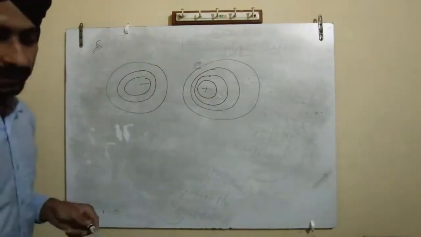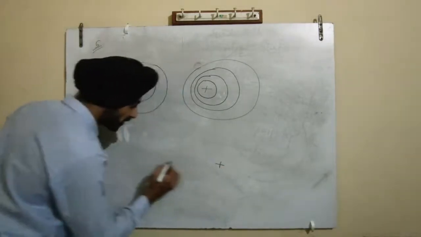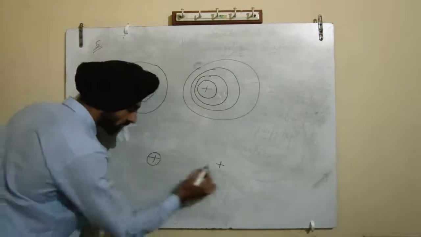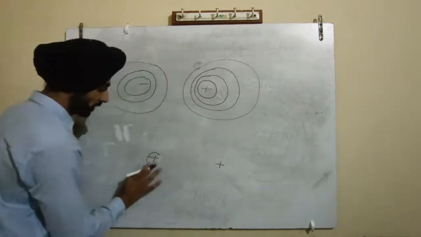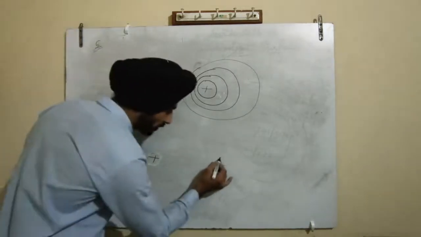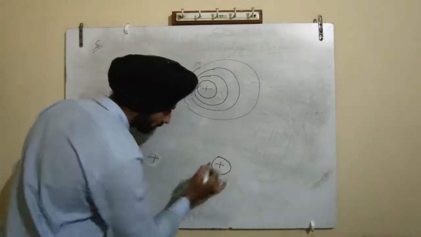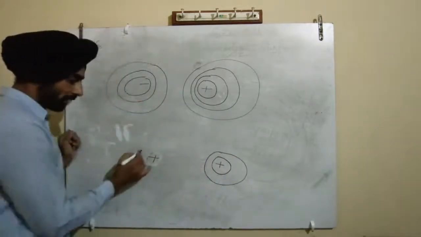So the next concept is, suppose there are similar charges placed at some distance, like this, positive and positive. Draw the equipotential surface around them, like this. They are going to repel each other.